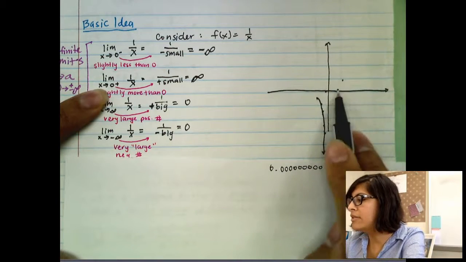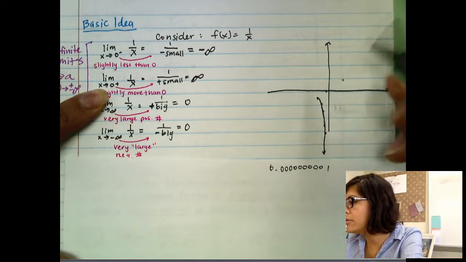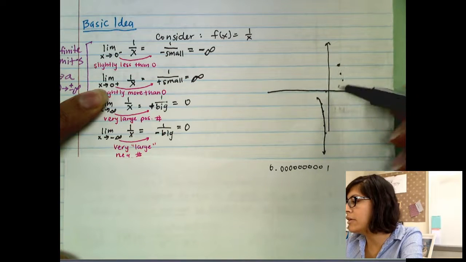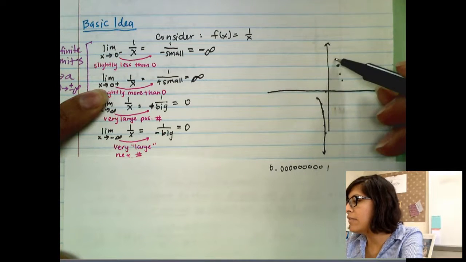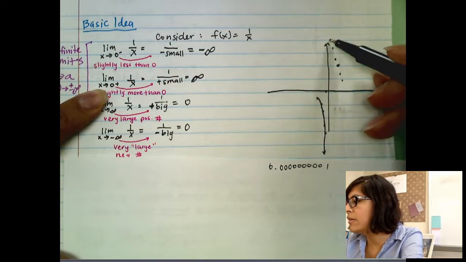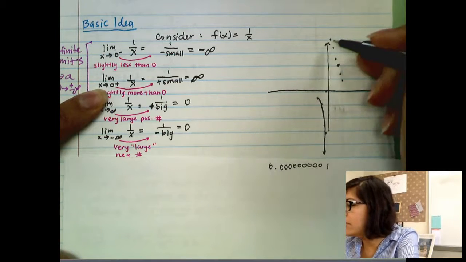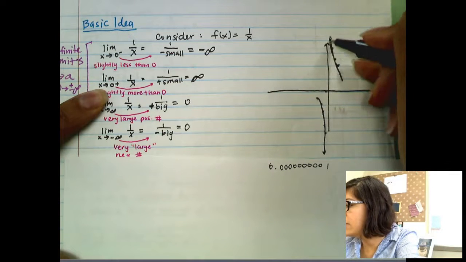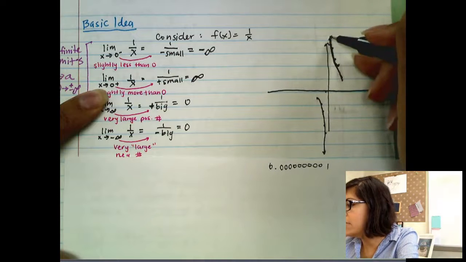And as we get closer to 0, the numbers get increasingly large, even larger. So there's also going to be another vertical asymptote. As we get closer to 0, the numbers get larger.